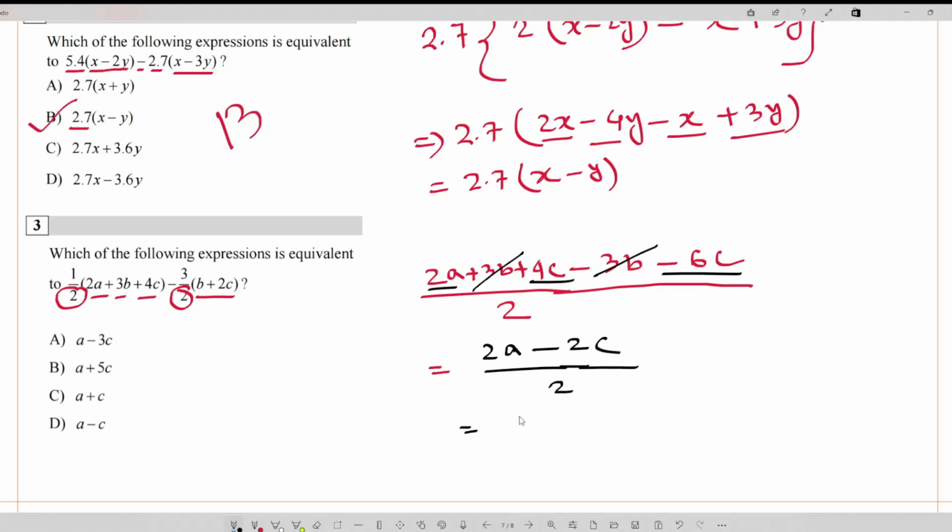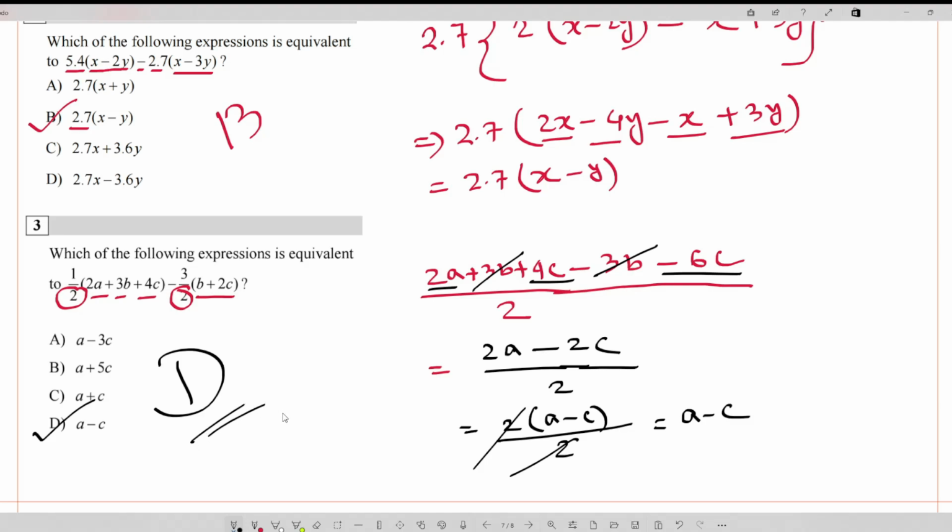So what will be the answer? Once we take common 2, here is a minus c, divided by 2, so it will cancel out. Our answer is a minus c, which is number D, right? Very easy. Number 3 done.